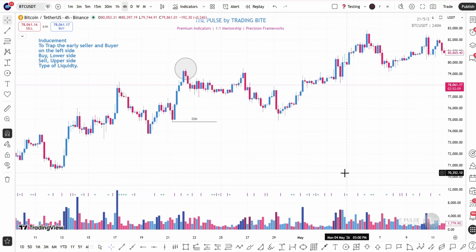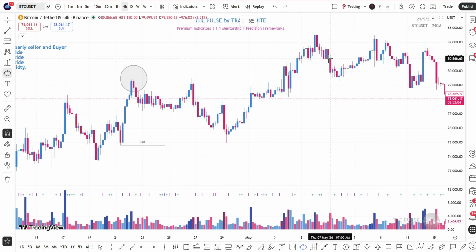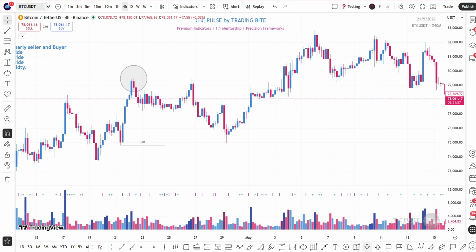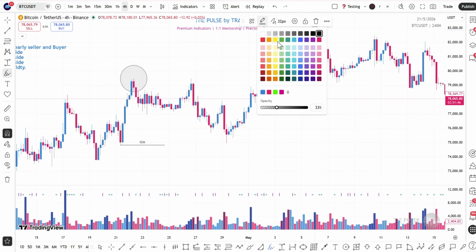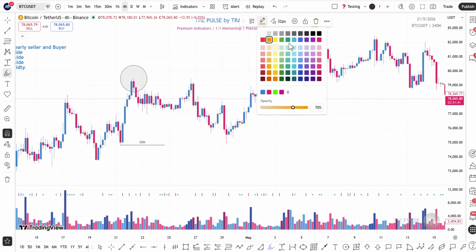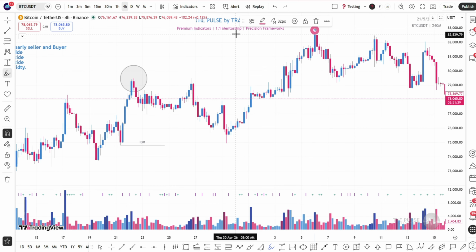So for example, this one is the high point we got. Let's draw it with the pen here. This is the highest point we have. So what will be the valid inducement?